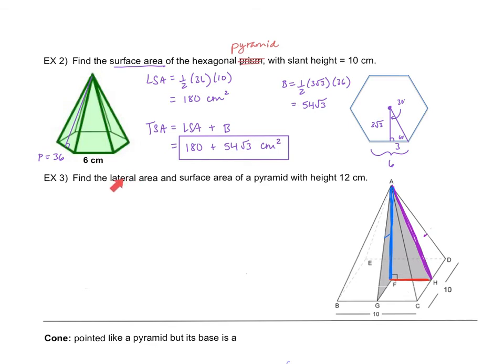So we're finding the lateral surface area and the total surface area of a pyramid with height 12 centimeters. So it doesn't give us the slant height like we had up here. It gives us our actual height. So I put that in blue, so we can label that as 12 centimeters.